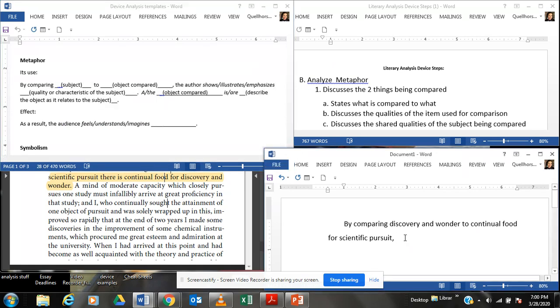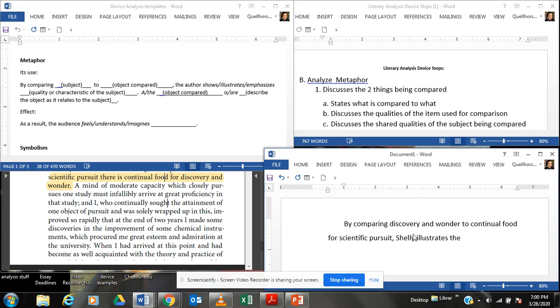All right. Now let's see. What else does it say? The author shows or illustrates or emphasizes what? Okay, let's see. Shelley is our author. I think it's E-Y. No, that looks like Y. Shelley illustrates the, let's see.